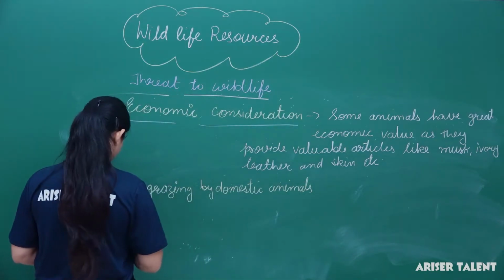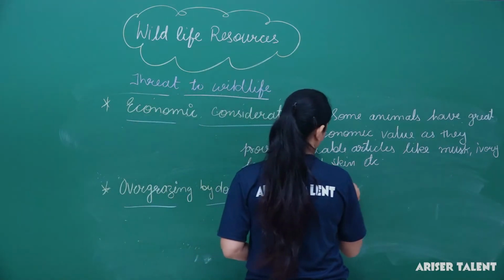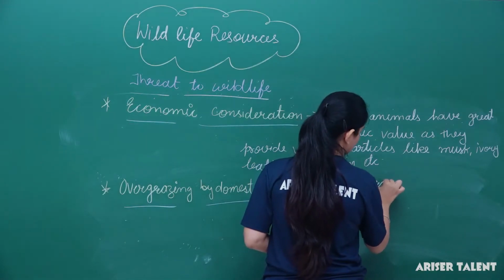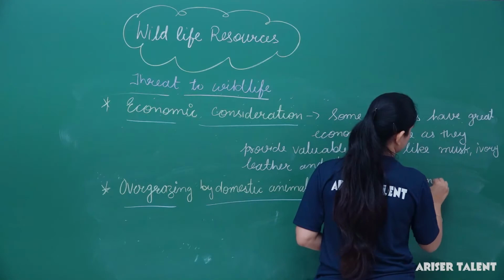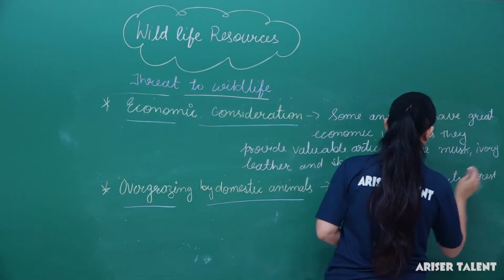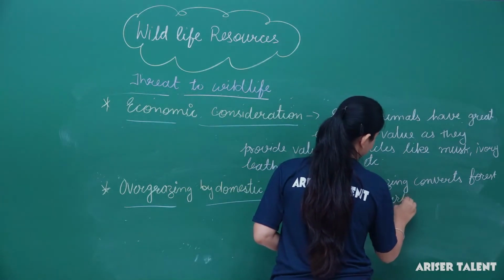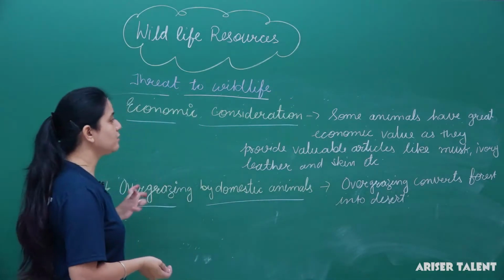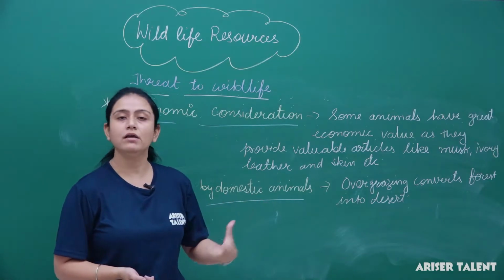So what happens in it? Overgrazing converts forest into desert. Thus it is also a threat to wildlife. So these were the important points which cause damage to wildlife.